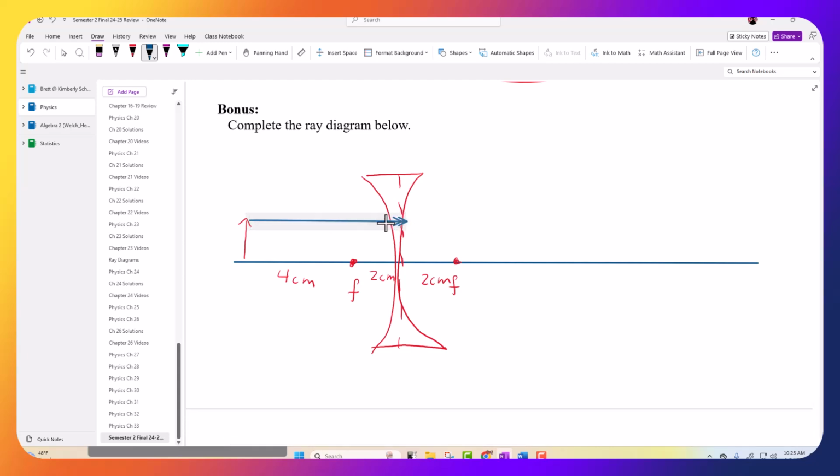What does it do once it hits the dotted line? It is going to extend out from the near focus. So it ends up looking like that.